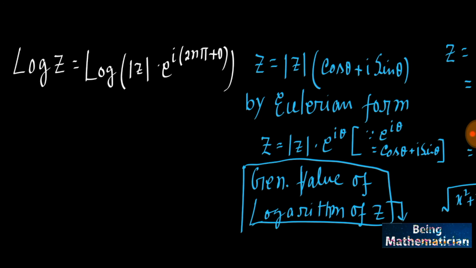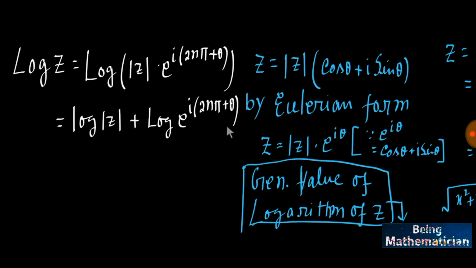In the general case, we have to add 2n pi with theta, so here we write 2n pi plus theta. Now, applying the property of log, we can say log mod z plus log e to the power i (2n pi plus theta).